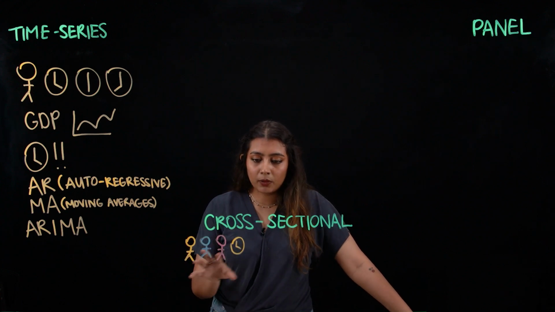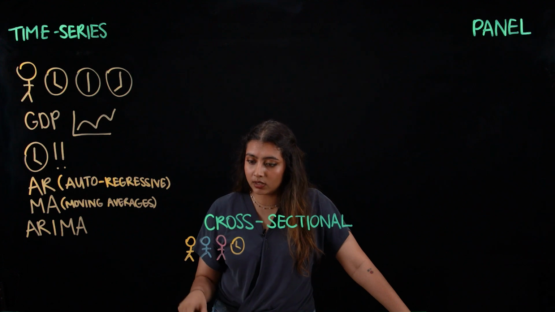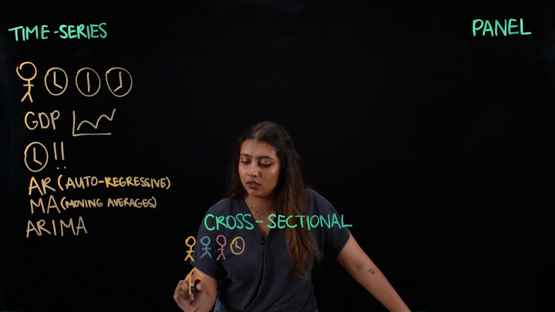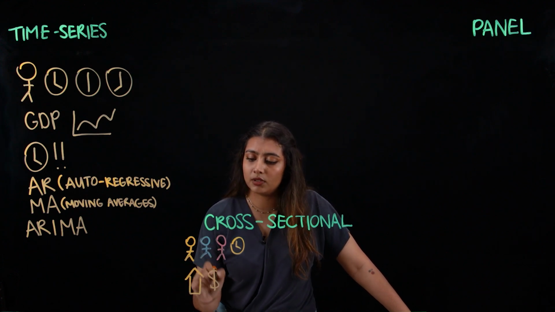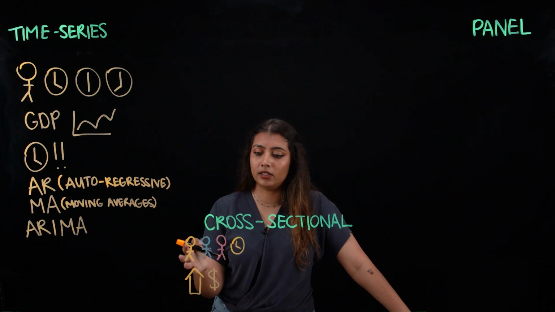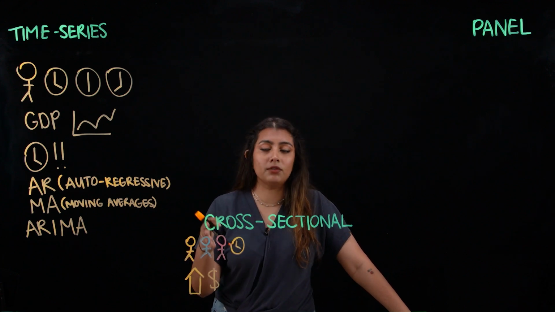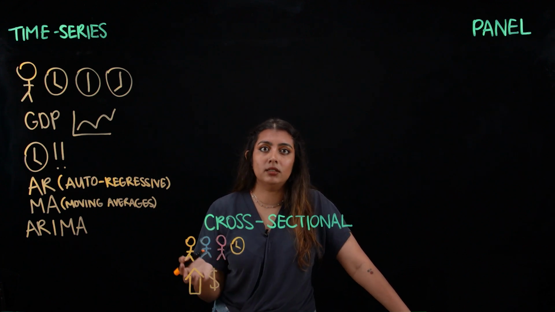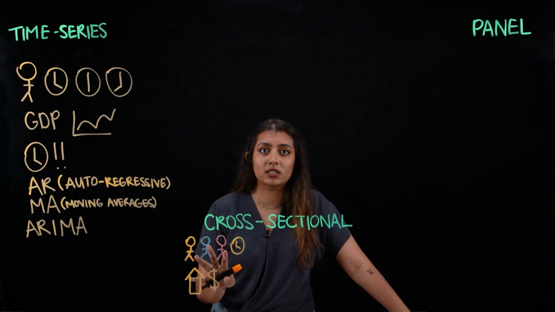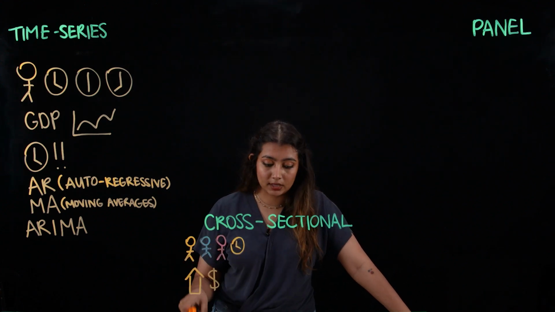Now, where might we see this data? We could see this in survey data over household income. So say they all live in one house, right? And we want to see what the difference is between their incomes in the year 2024. That's kind of what this data might look like.